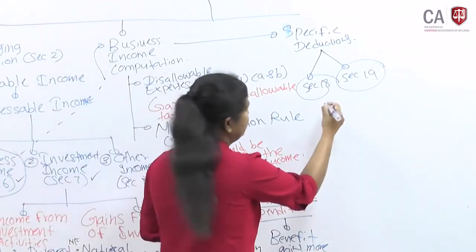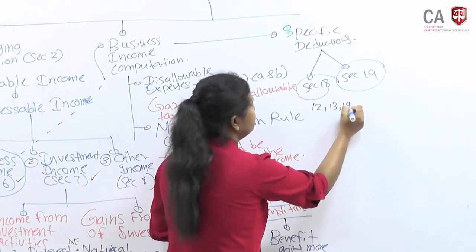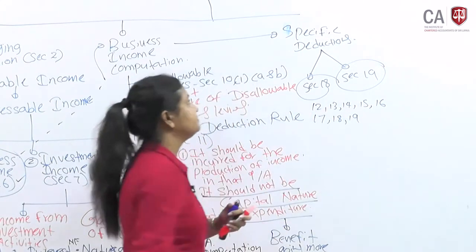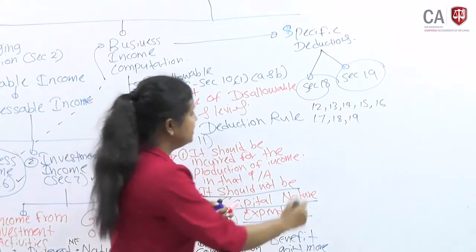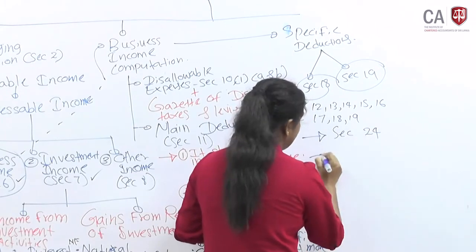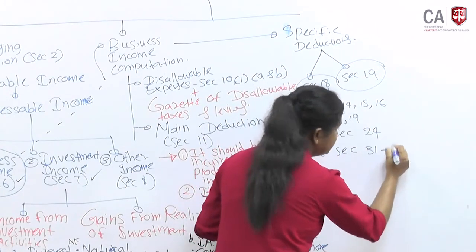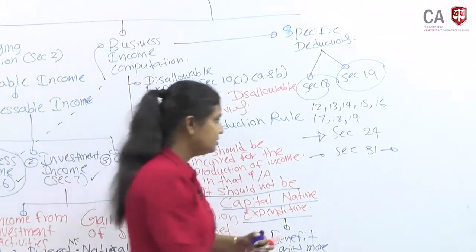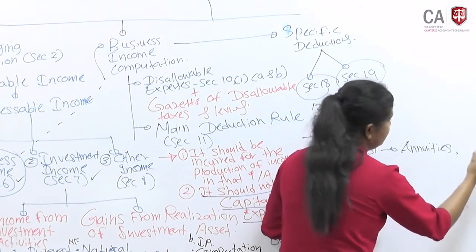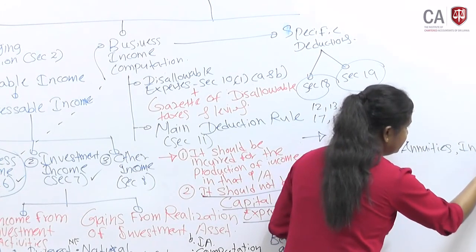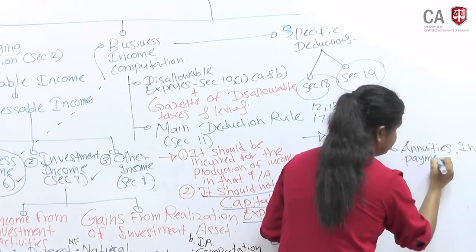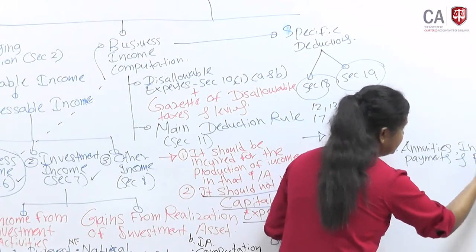Then other than this, 12, 13, 14, 15, 16, 17, 18 and 19. Other than the specific deductions, we need section 24 and section 31. Section 31, why is it important? The annuities, the installment payments and financial leases.